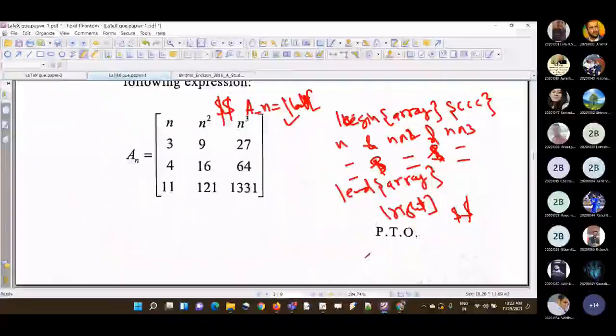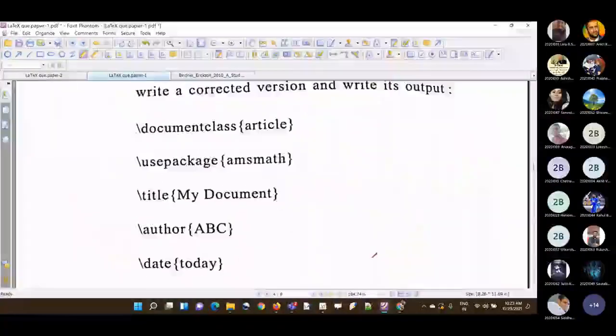Find the errors in the following LaTeX source. So this is the usual question, and one question of this type comes every time. So you have to be careful whether D is capital, and whether the spelling of this document class is correct or not. Spelling of article is correct or not.